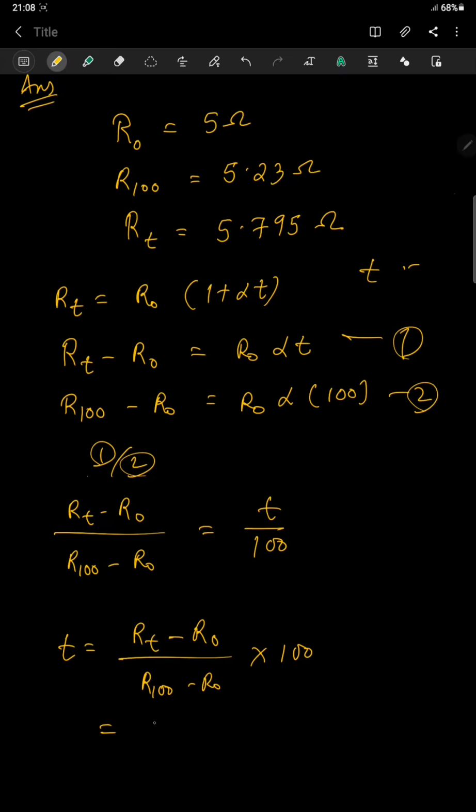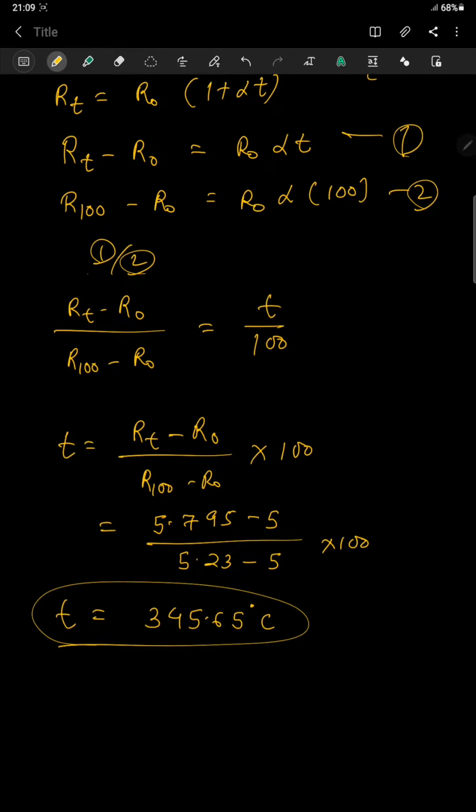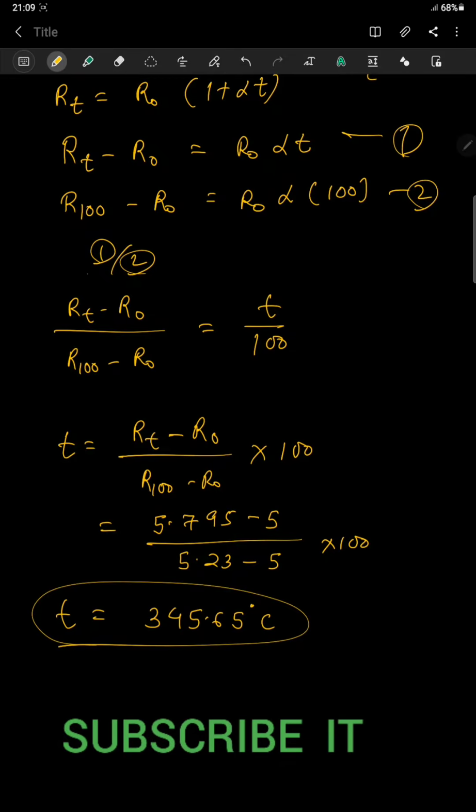So what is RT here? 5.795 minus 5, divided by 5.23 minus 5, into 100. If you solve this, the temperature is going to come out to be 345.65 degrees Celsius. So this is a very important one.